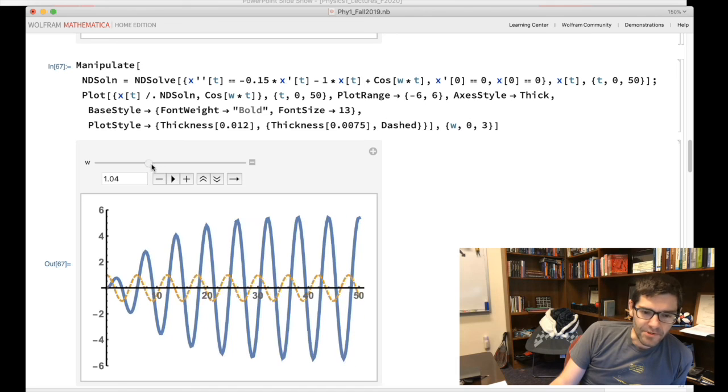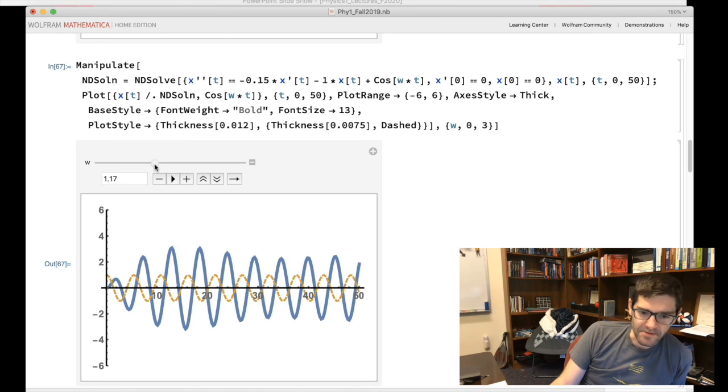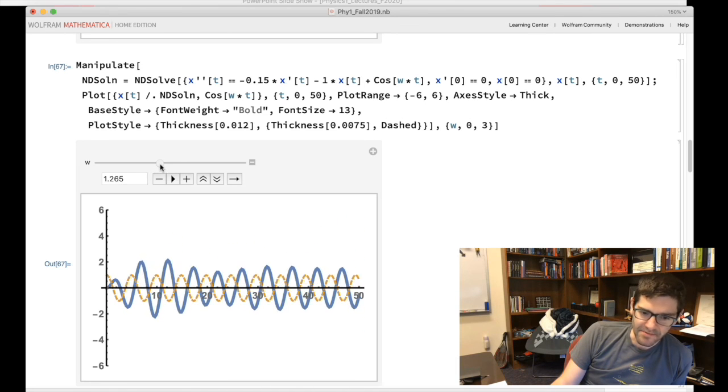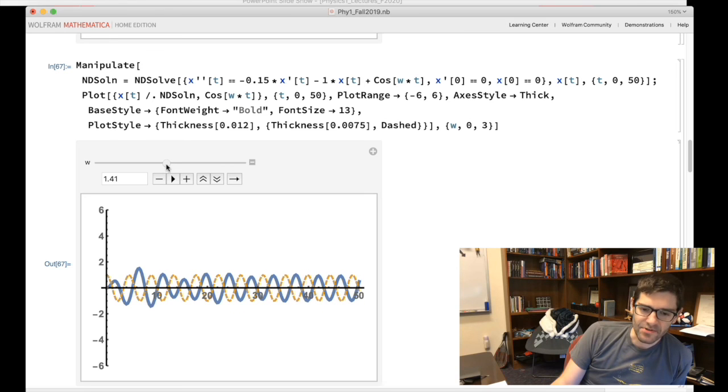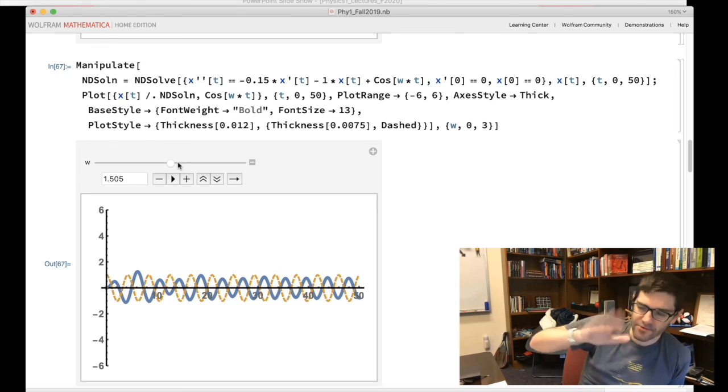Then what happens when you start to oscillate faster than the natural frequency? You're driving the system by oscillating it up and down really fast, much faster than the natural frequency. So in that case, everything averages out.